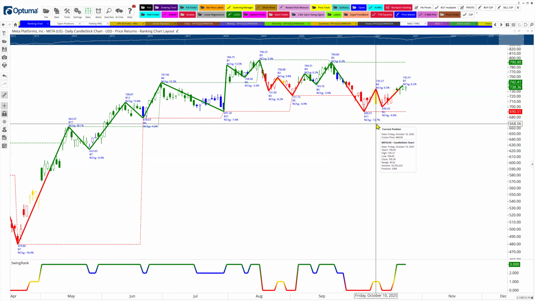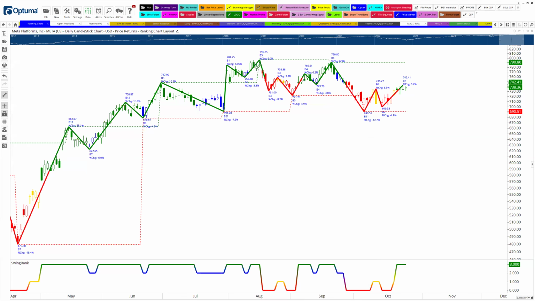It's 12.7. So this 12.7 is the largest percentage decline compared to previous ones off this low, which was 18.4.